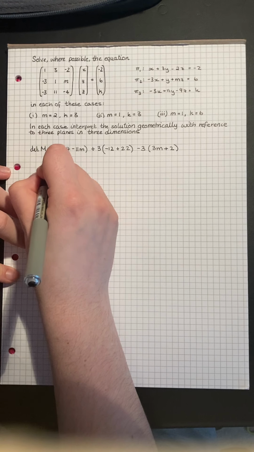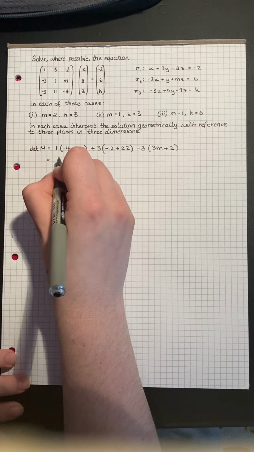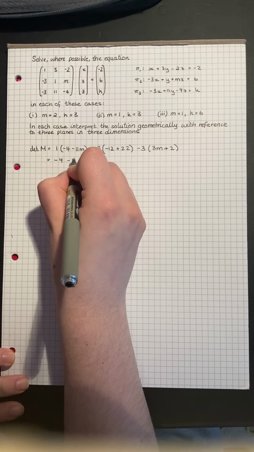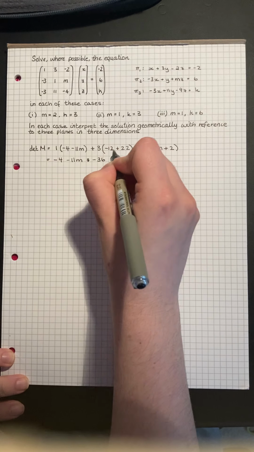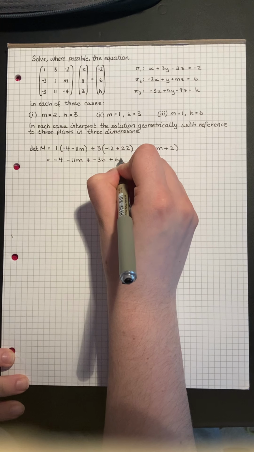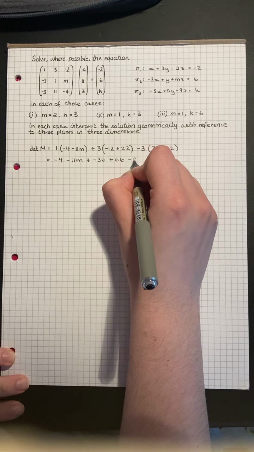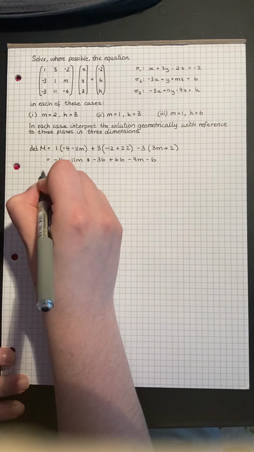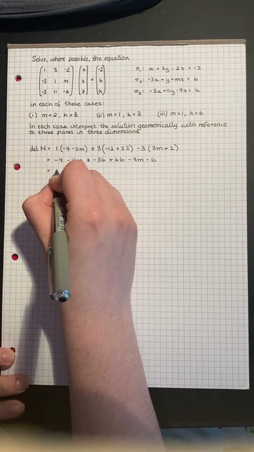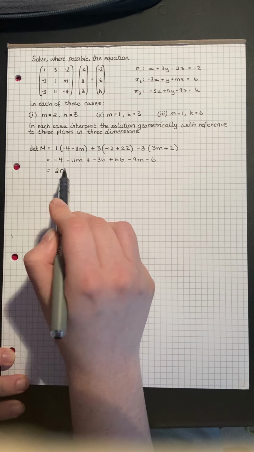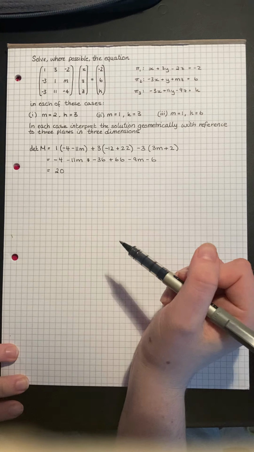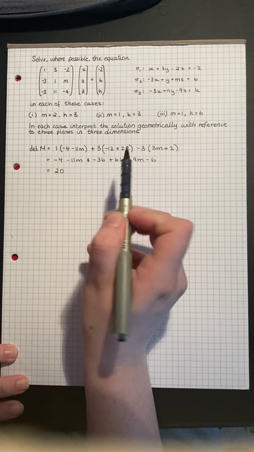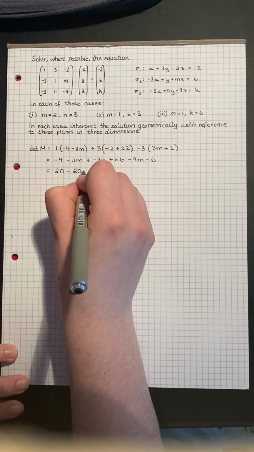Now simplifying that down, we end up with minus 4 minus 11m minus 36 plus 66 minus 9m minus 6, and simplifying that even more, we end up with 20. So minus 4 minus 36 plus 66 minus 6 is 20, and then minus 11m minus 9m is minus 20m.